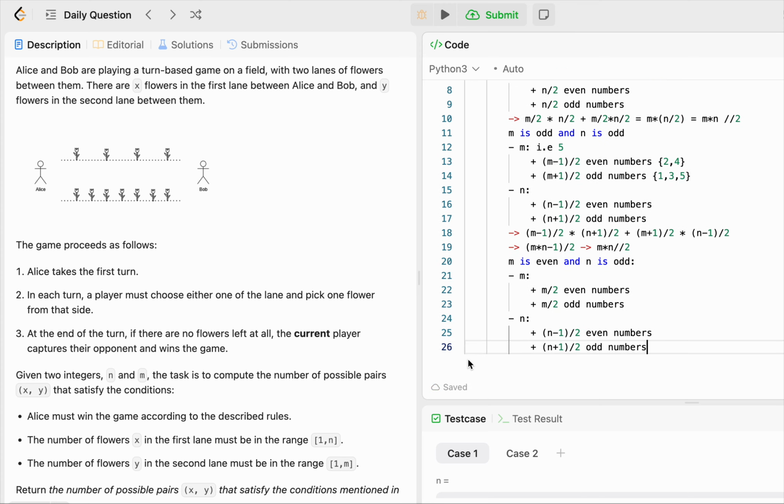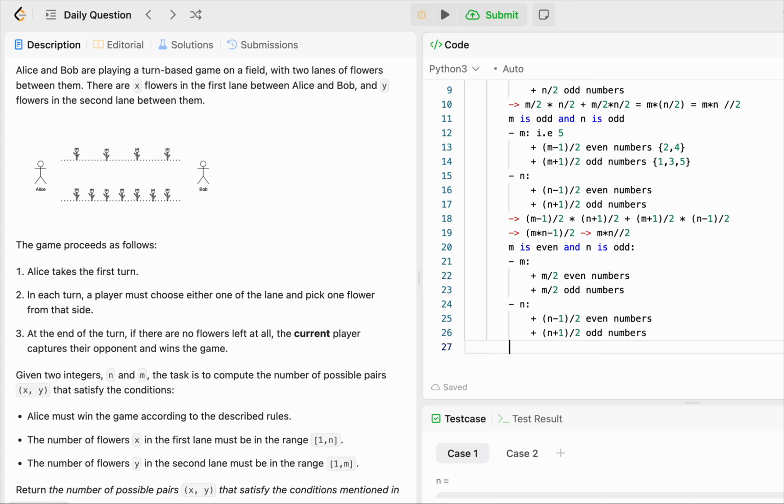Okay, so what is the final result? The final result here is m by 2 and by the n minus 1, oh, plus 1 is okay, divided by 2, plus m by 2 and by the n minus 1 divided by 2. So the result is still m by n divided by 2.